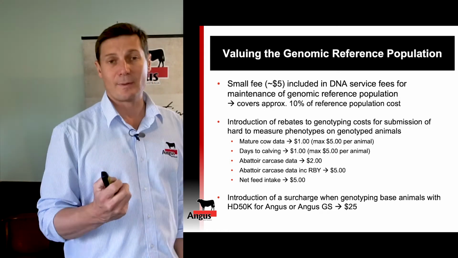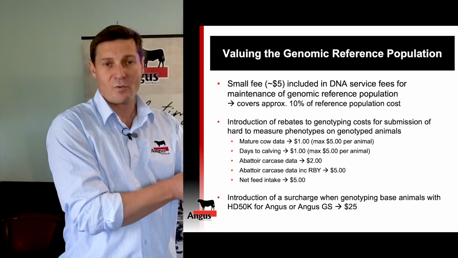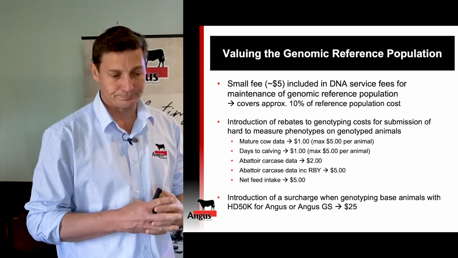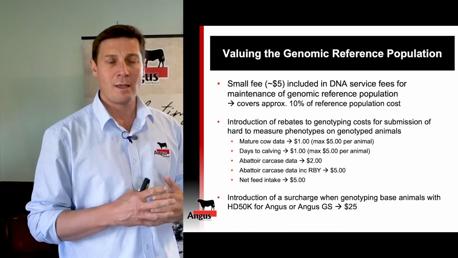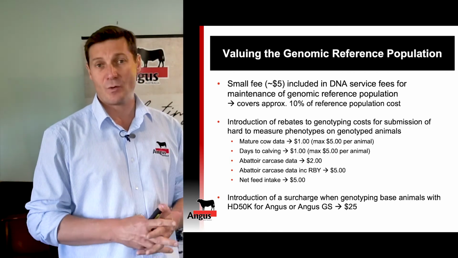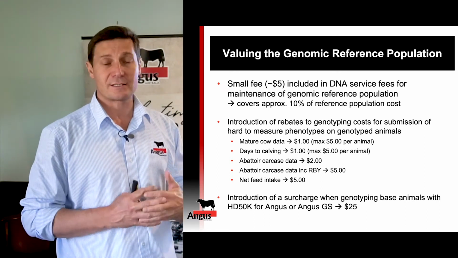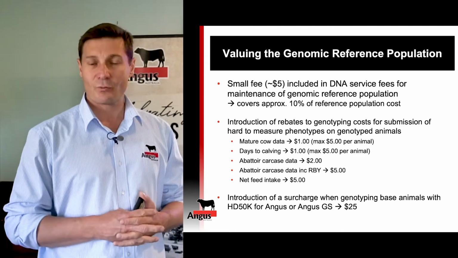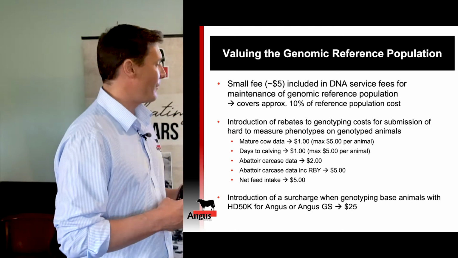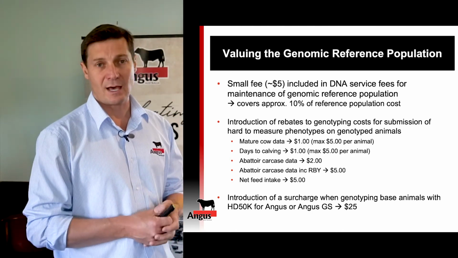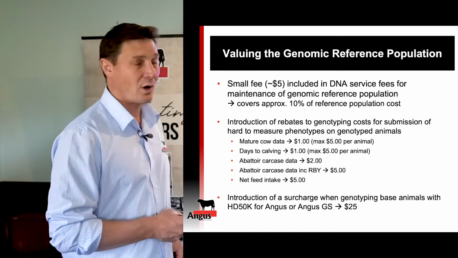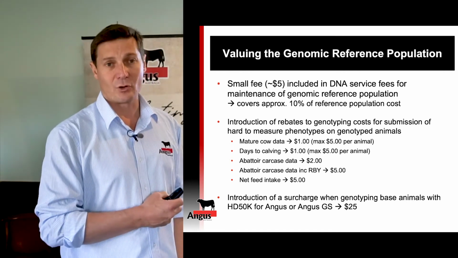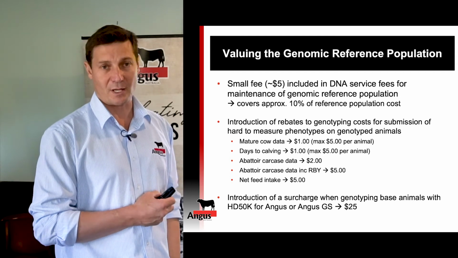In terms of equitable access, we have at an Angus Australia level really been mindful that there are some herds out there who are investing a lot in collecting these hard to measure traits on genotyped animals, and therefore it's not really equitable for them to be investing on farm and doing the hard yards, but then also being required to pay that $5 contribution to the maintenance of the reference population.